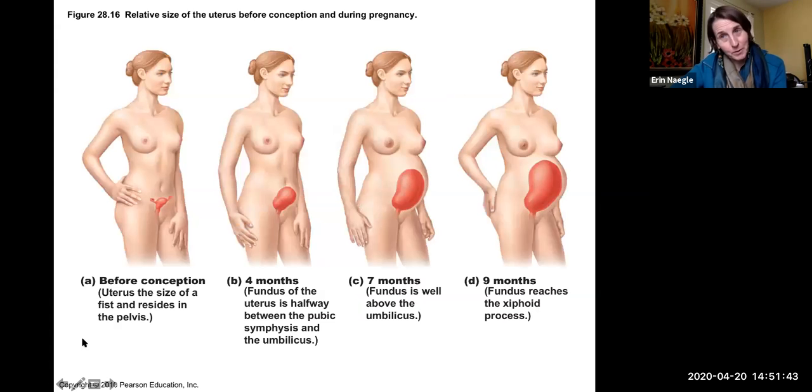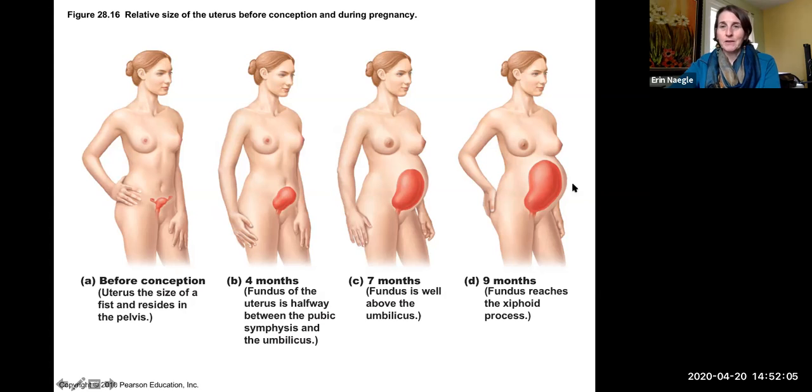And what's incredible about the smooth muscle in the uterus is how much it can grow during a pregnancy, which I think is pretty phenomenal and fabulous and astounding. So the smooth muscle cells actually start to divide, and the uterus grows along with the baby.